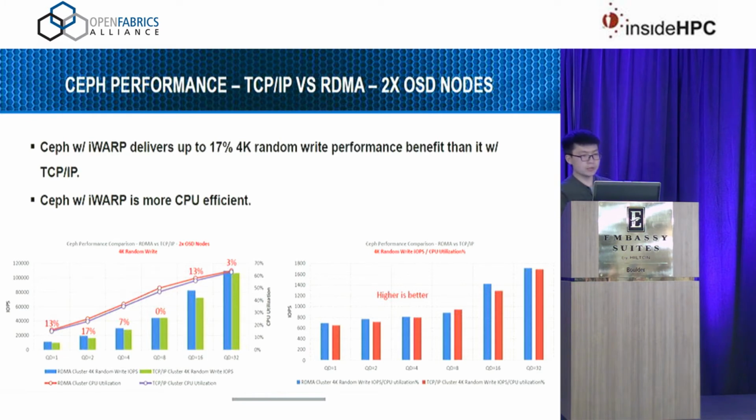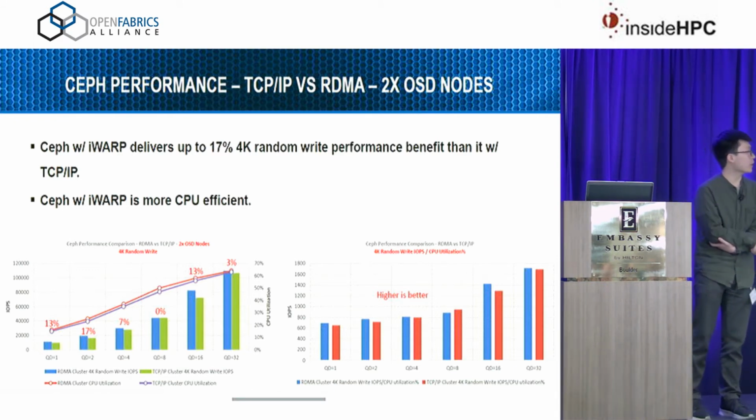So here is the benchmark result. Ceph with iWARP delivered up to 27% 4K random-write performance benefit compared to TCP/IP. The conclusion is the same as we saw at the previous small scale.